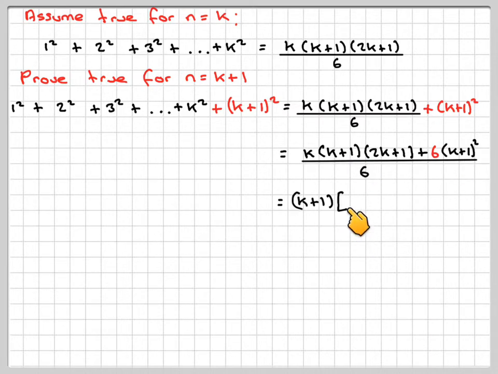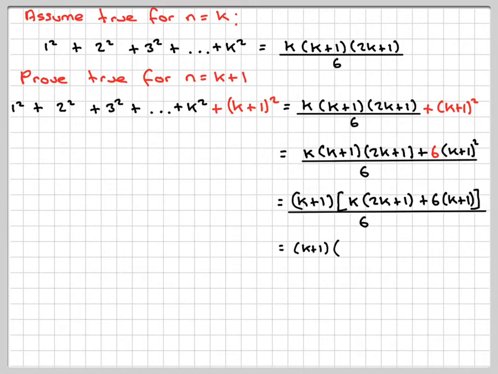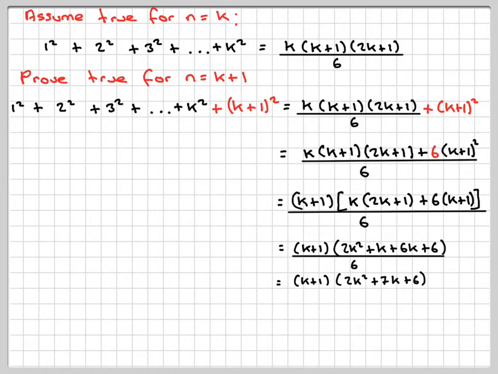And we now have left k times 2k plus 1 plus 6, and we still have another k plus 1 there, all over 6. So we've got k plus 1, and we multiply out the bracket, we get 2k squared plus k plus 6k plus 6, all over 6. Put those two terms together, we get k plus 1, 2k squared plus 7k plus 6 over 6.